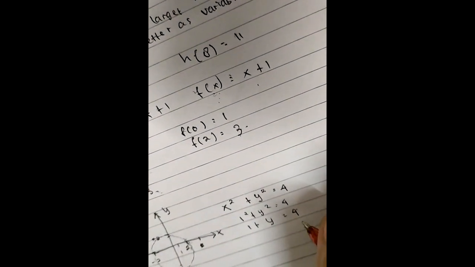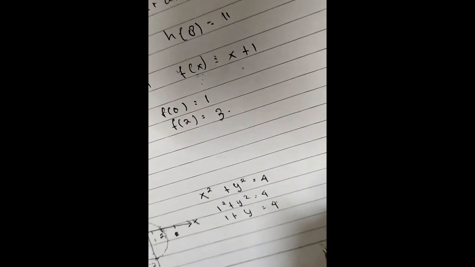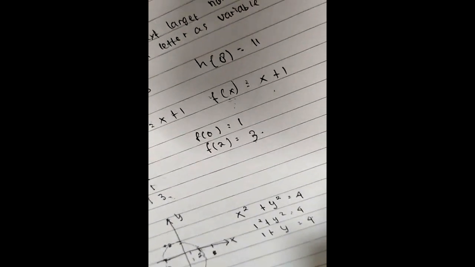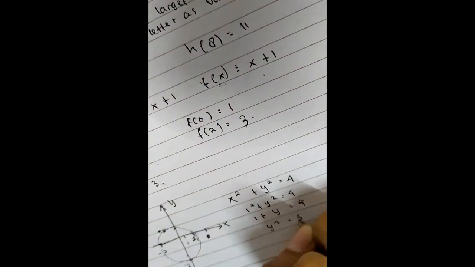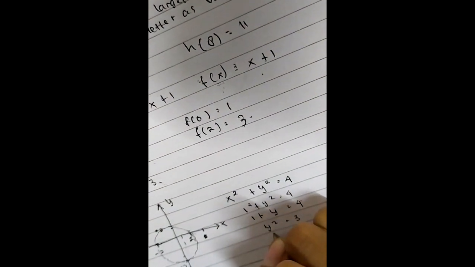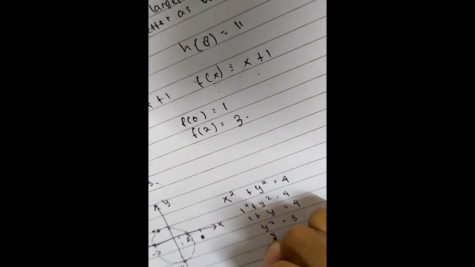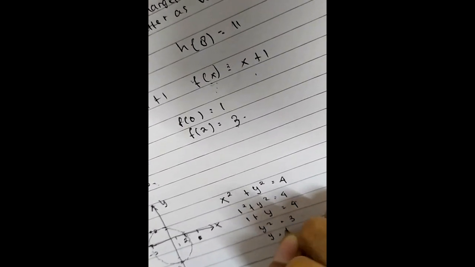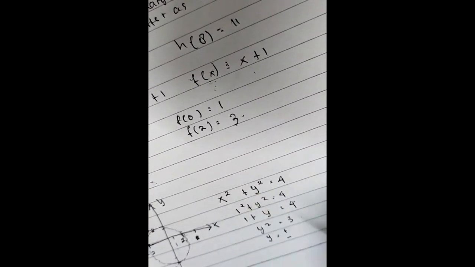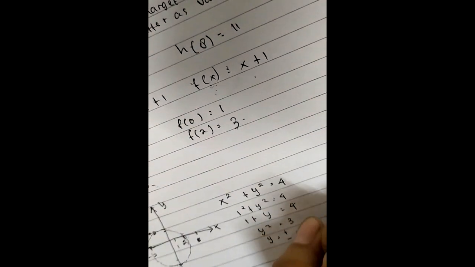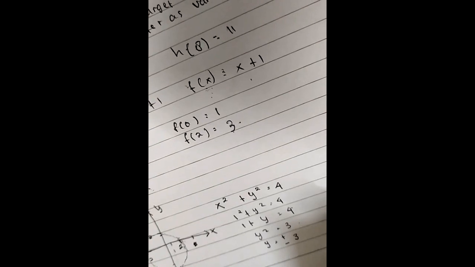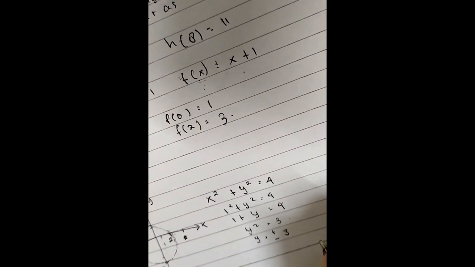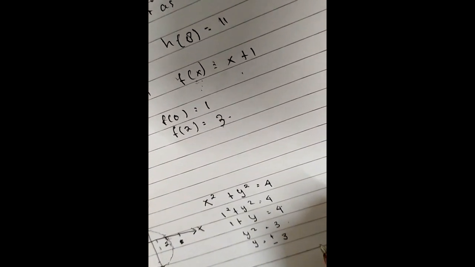Or subtracting 1 from both sides, y squared is equal to 3. So y is plus or minus the square root of 3. This one over here is the positive square root of 3.